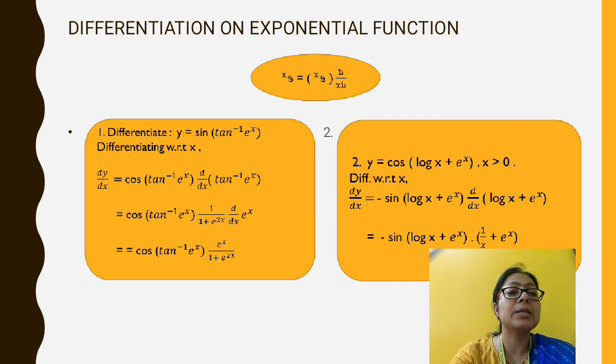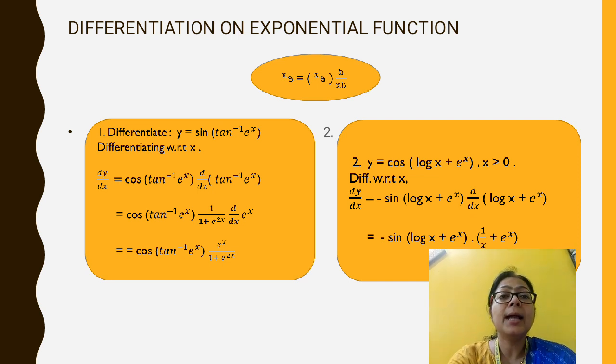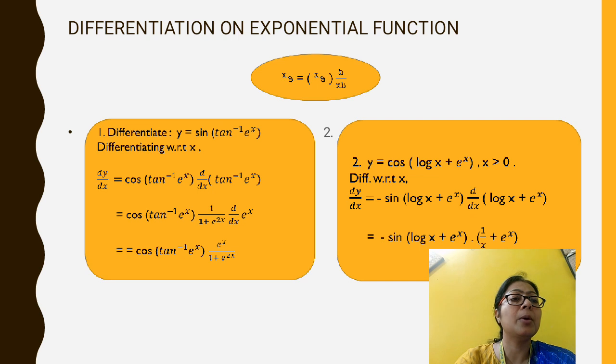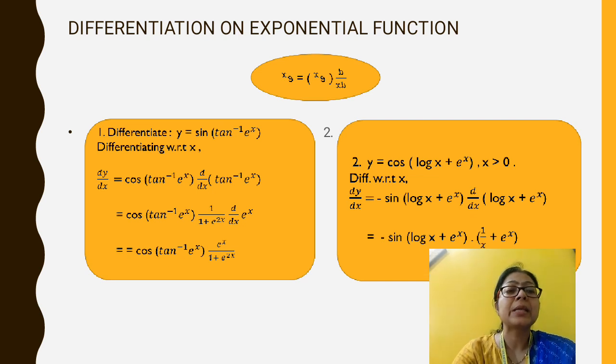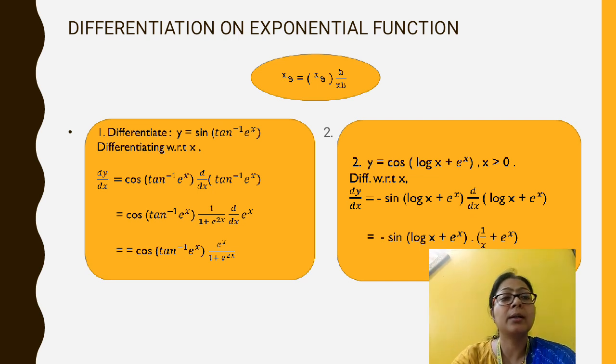So a few sums on these. Differentiate y equals sin of tan inverse e to the power x. Derivative of sin x is cos x. So here cos of whatever is in place of x, that is tan inverse e to the power x, the whole function.